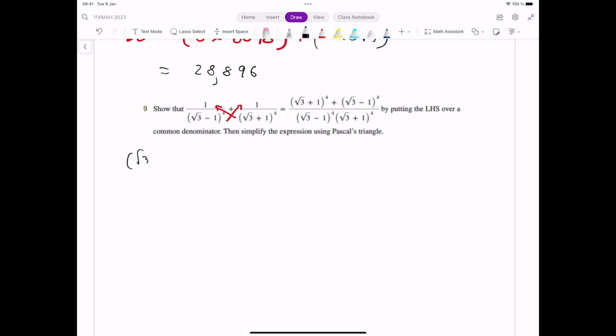So let's go (root 3 plus 1) to the power of 4. Well, the fourth row of Pascal's triangle is 1, 4, 6, 4, 1.